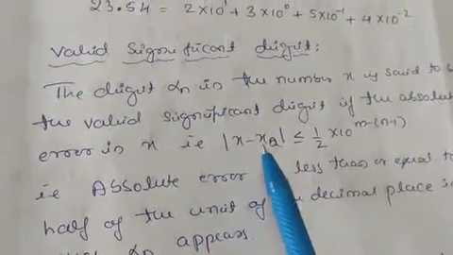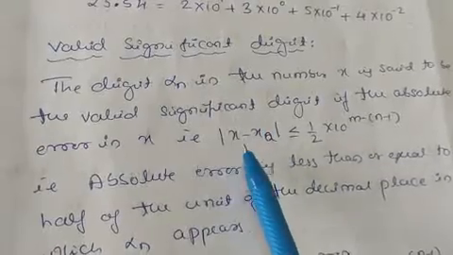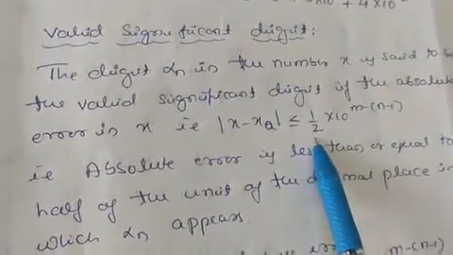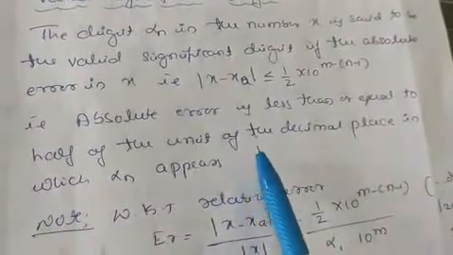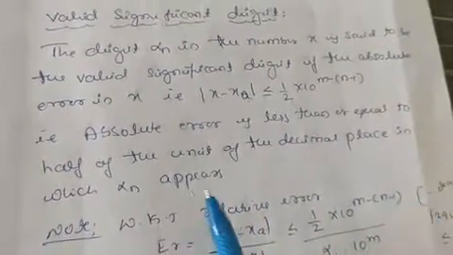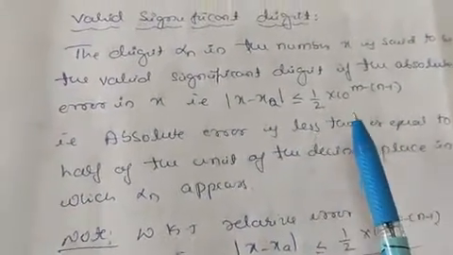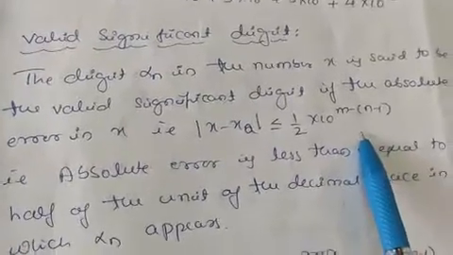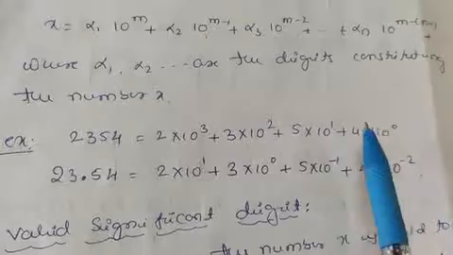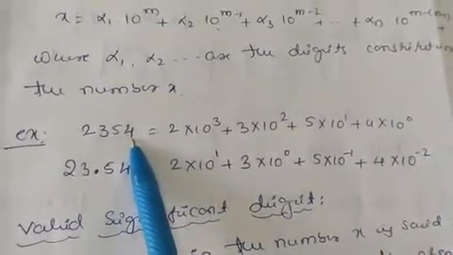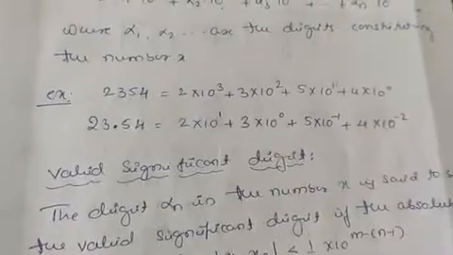That is, the digit alpha n is a valid significant digit if its absolute error is less than half of the unit of the decimal place in which alpha n appears. So 1 by 2 into 10 raised to m minus n minus 1 refers to the last digit of the example. Here alpha n is 4, so it is 10 raised to 0.